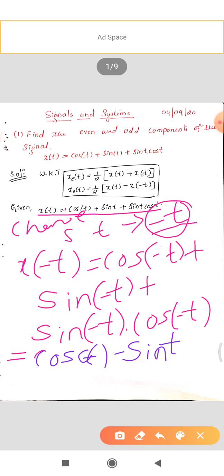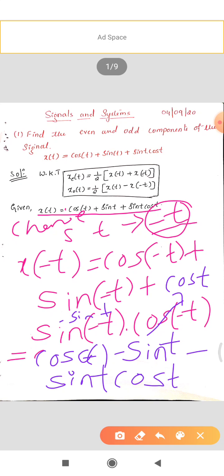Again here, cos of minus t will be cos t, and sine of minus t will be minus sine t. Therefore minus into plus will be minus, so we get minus sine t into cos t. This is your x of minus t, which is equal to cos t minus sine t into cos t. I hope it is clear.